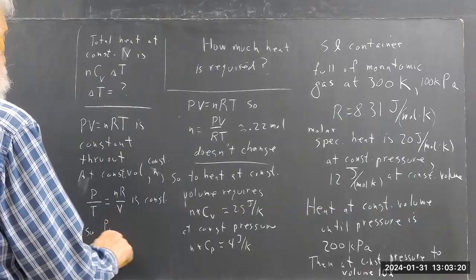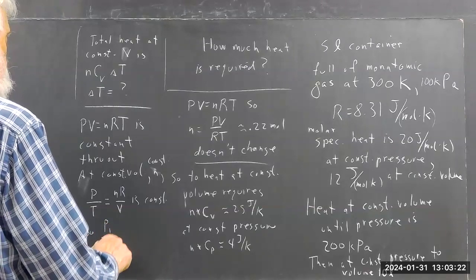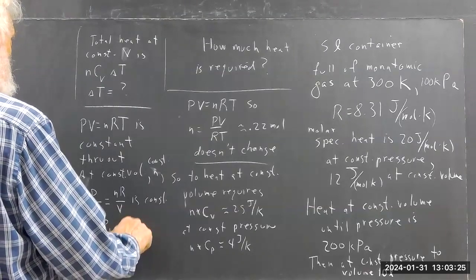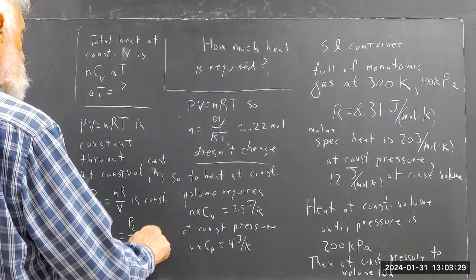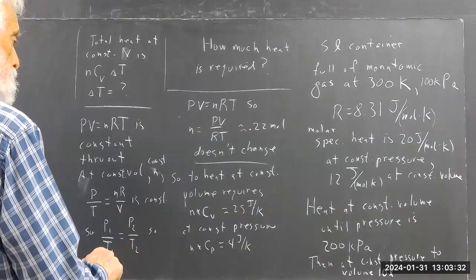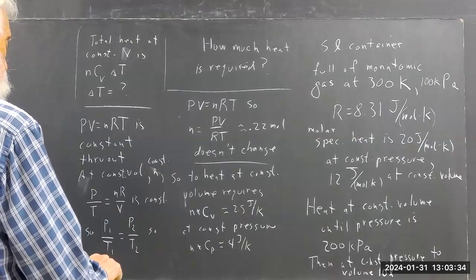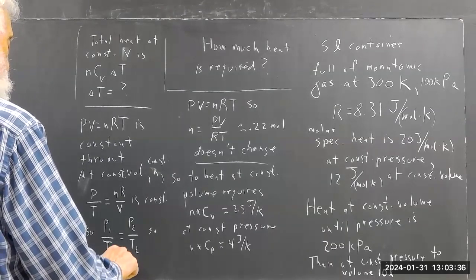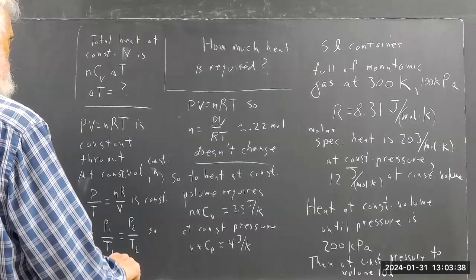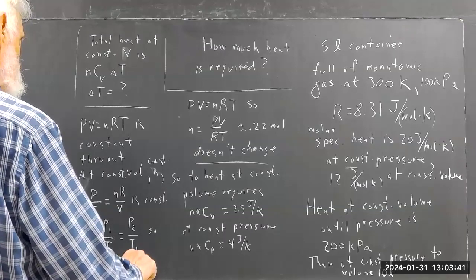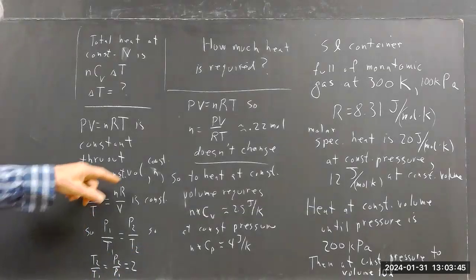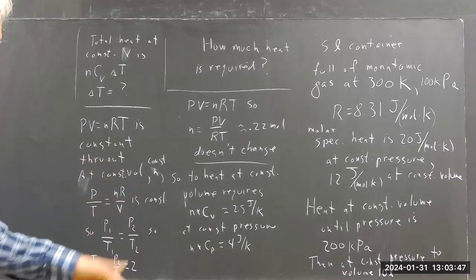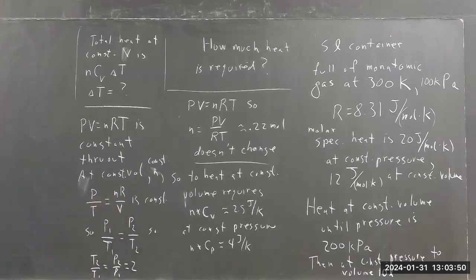So you get one of those laws, Boyle's law, Charles' law, Billy Bob's law. Since this is constant, the ratio of pressure to temperature is the same in one state as it is in another.